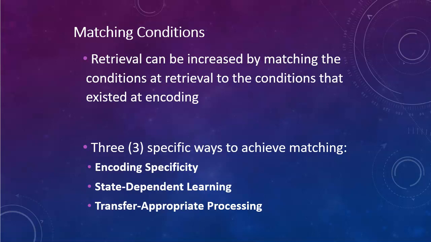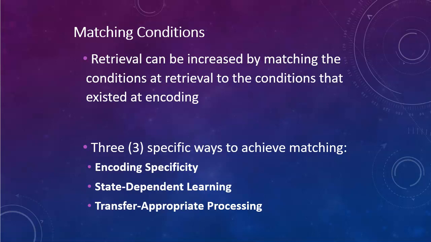The first one is encoding specificity. The second one is state-dependent learning. And finally, transfer-appropriate processing. Again, all of these are different ways that will increase our retrieval of a memory by matching the conditions at retrieval to the conditions at encoding.